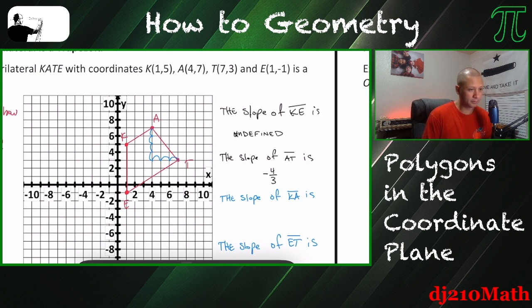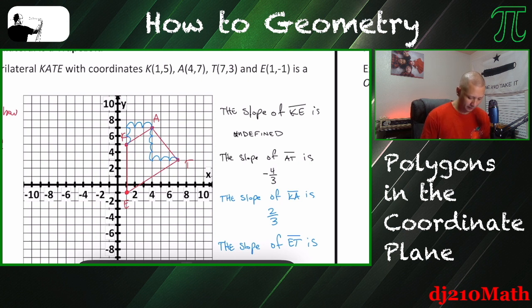All right, the slope of KA. Starting at K going up towards A. So up 1, 2. To the right, 1, 2, 3. So positive 2 over 3. Positive 2 over 3. And then lastly, the slope of line segment ET.